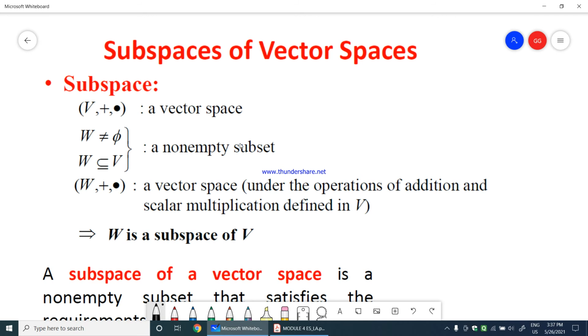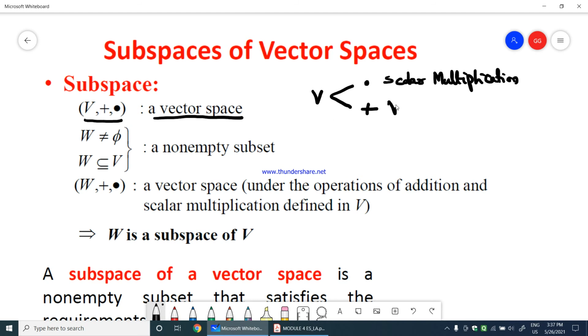When I am speaking about a subspace, first I will consider a vector space V, which is closed under both operations: the scalar dot operation is scalar multiplication, and the plus operation is vector addition. So let us consider a vector space which follows these axioms.